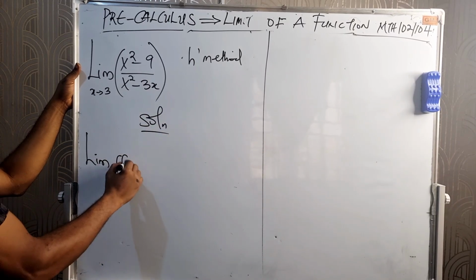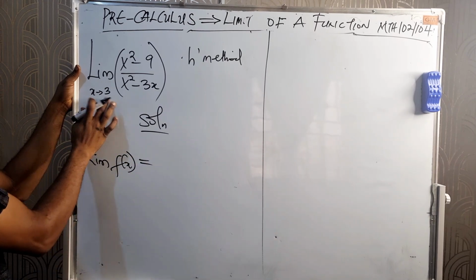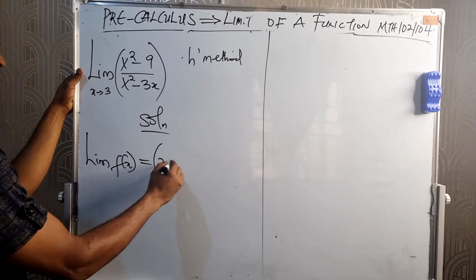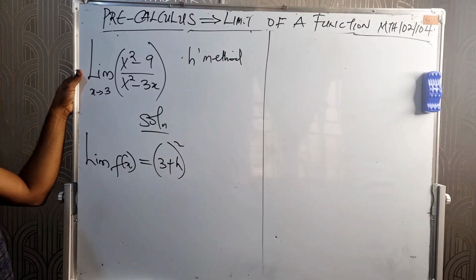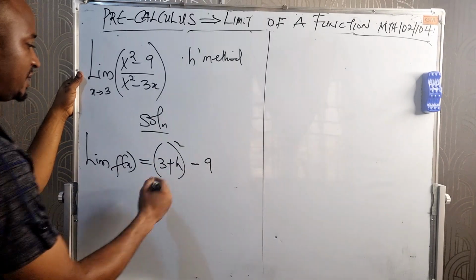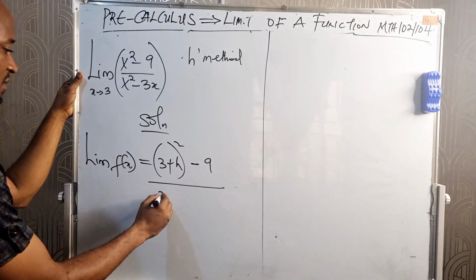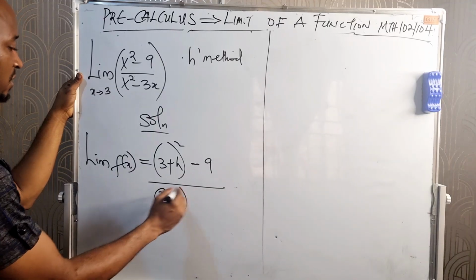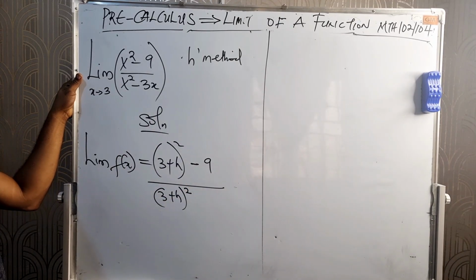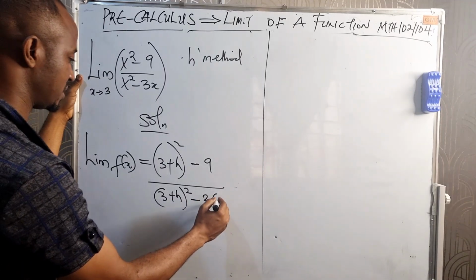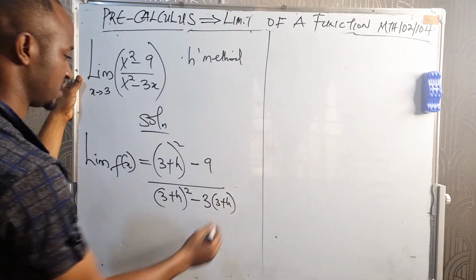Limit of f of x is going to be, our a is 3. That means here becomes 3 plus h all squared. Is that clear? Minus 9 all divided by 3 plus h all squared minus 3 times 3 plus h.